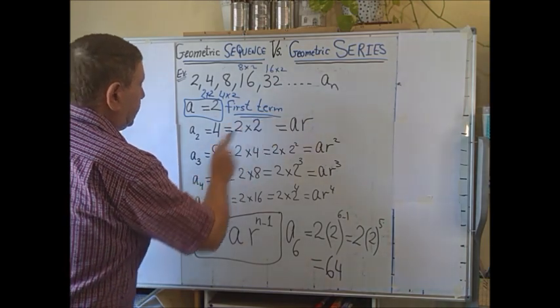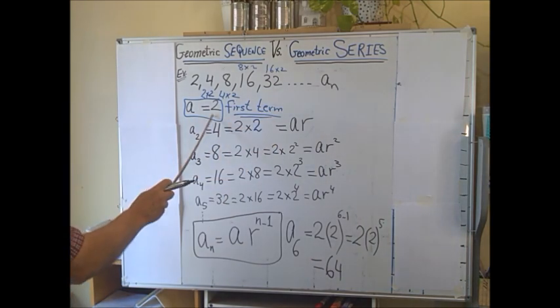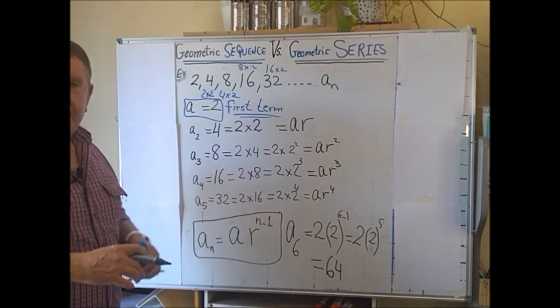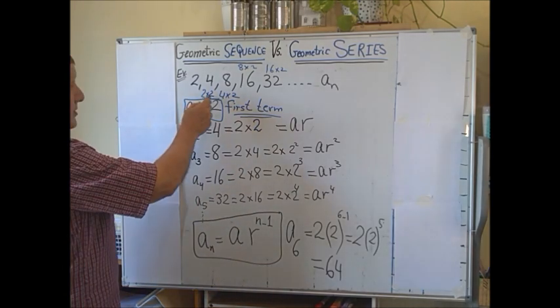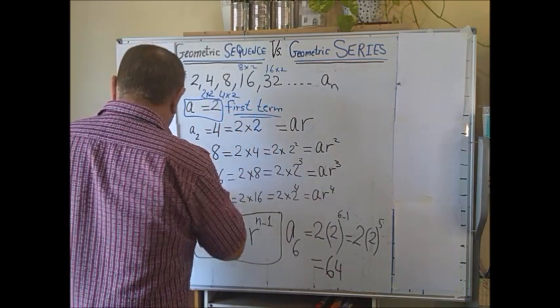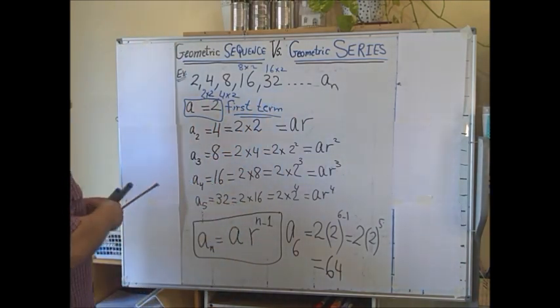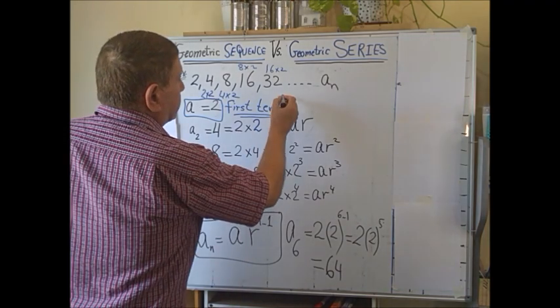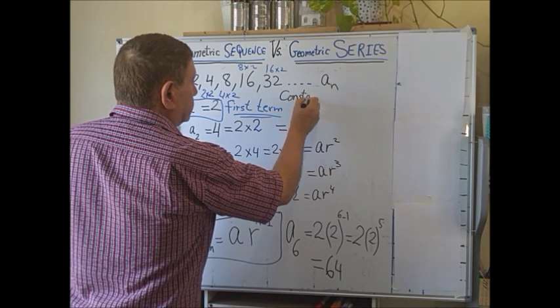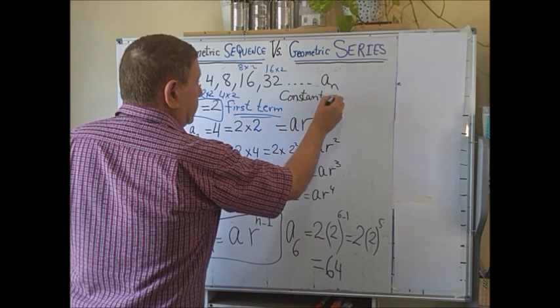Okay, so that's what we need to know, the first term and the constant. This is the constant 2. Sometimes they call it constant ratio or multiplier. The constant R.